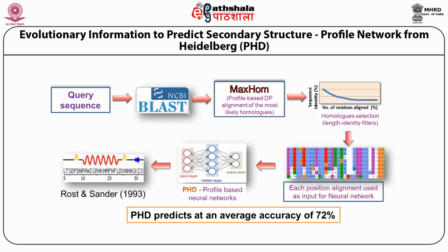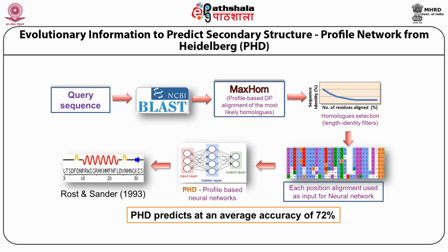Then, the proteins with sufficient sequence identity to assure structural similarity are extracted and realigned using the multiple alignment algorithm MaxHom, which works based on profile-based dynamic programming. Then, these alignments are taken to screen the correct homologs based on a length-dependent cutoff for pairwise sequence identity.